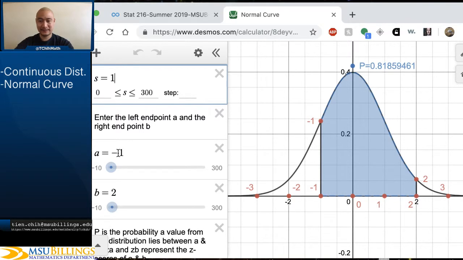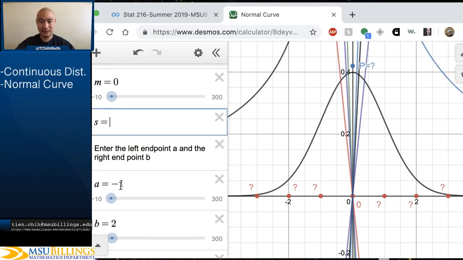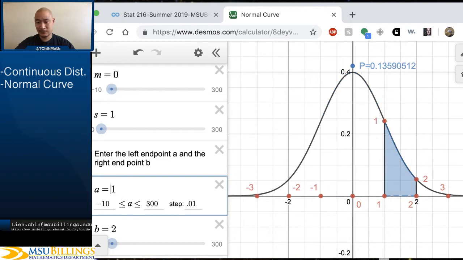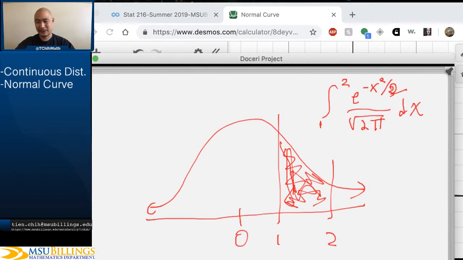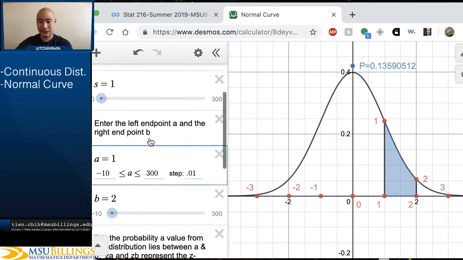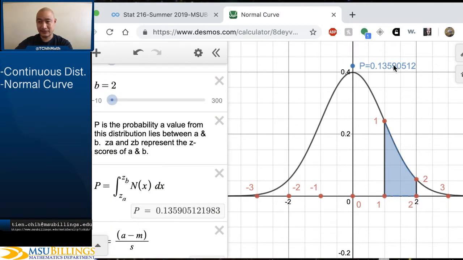So I click 1, 2, right? That's about right. I mean, I drew this terribly on a tablet. This is what the curve actually looks like over here. Between 1 and 2, and we get, well, you can read it here or here. The probability is 0.3590512, and it actually goes on longer than that.